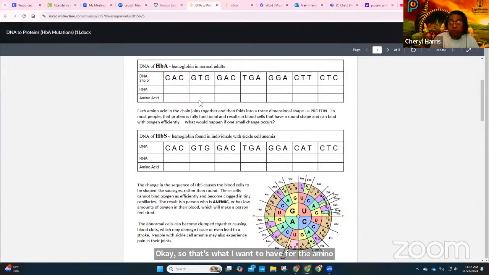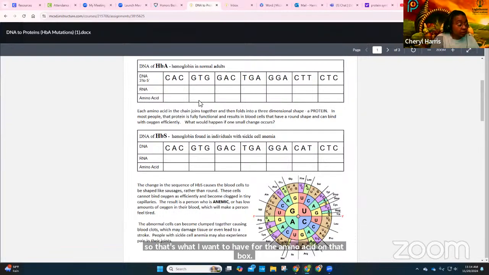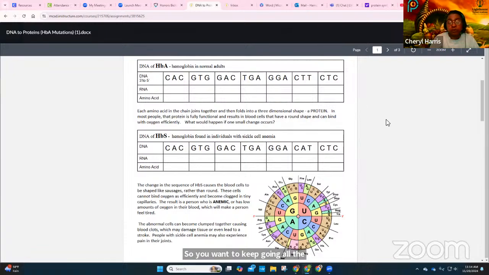All right, following. You want to keep going all the way across on the first one. Whatever you got for the first one, the second one should look like that, except when you get right over here to the end. Notice that instead of CTT like we have on the first one, for our mutated one we have CAT.